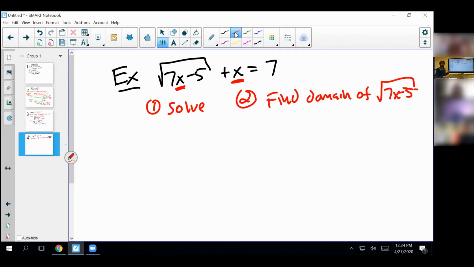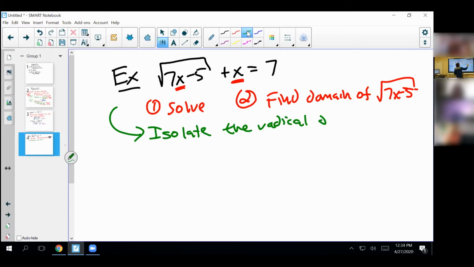So how am I going to do that? Well, the whole motto I like to think of is we want to isolate the hard thing, or in this case, the radical. Isolate the radical and solve. So let's do that.